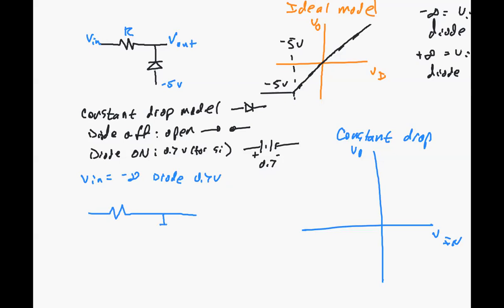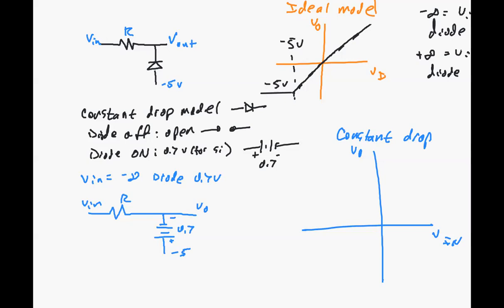It's like that. And then we still have minus 5 volts here, and we have plus 0.7 here. So we go from minus 5 and drop a further 0.7 volts.